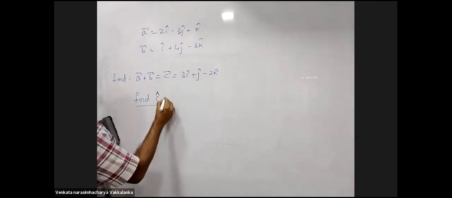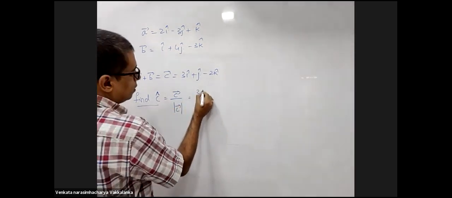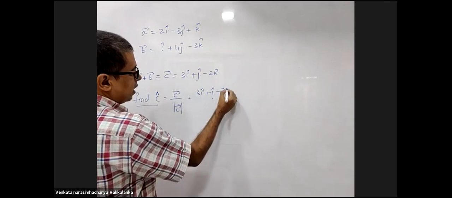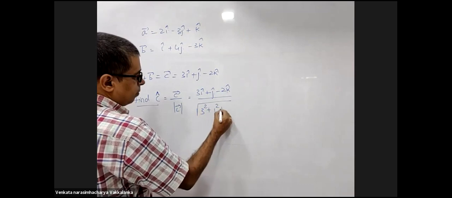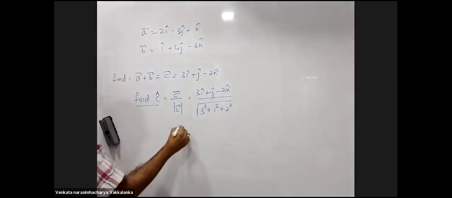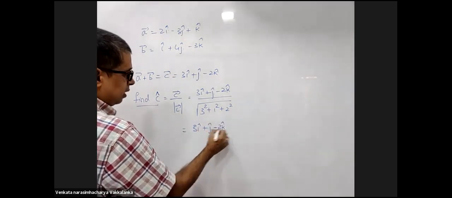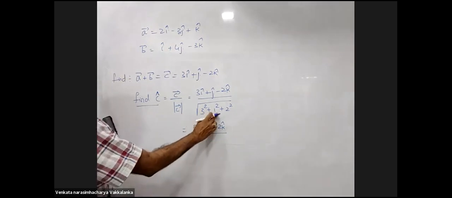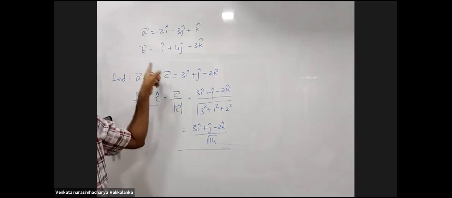Now, unit vector of this will be vector divided by the magnitude. 3i cap plus j cap minus 2k cap divided by root over of 3 square plus 1 square plus 2 square, 9 plus 1 is 10, plus 4, root 14. This will be the unit vector along A plus B.